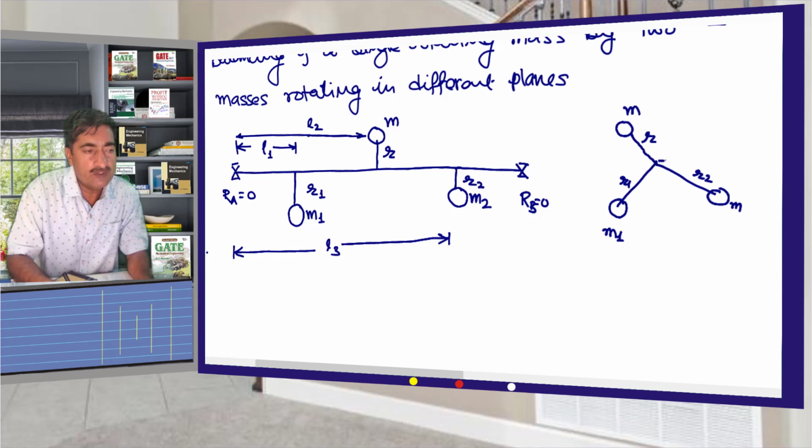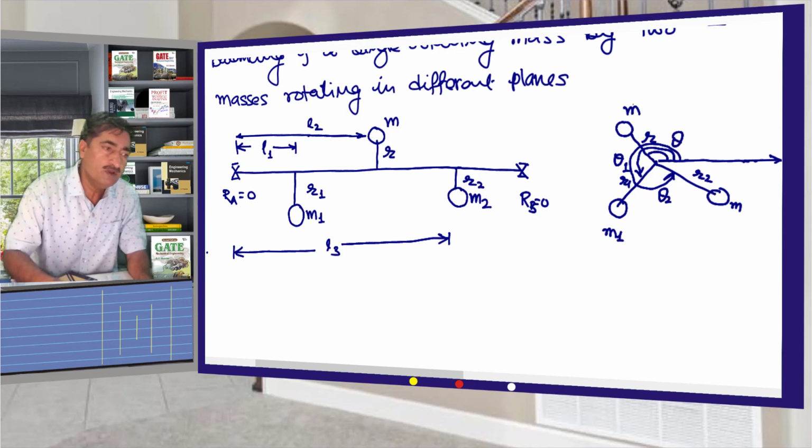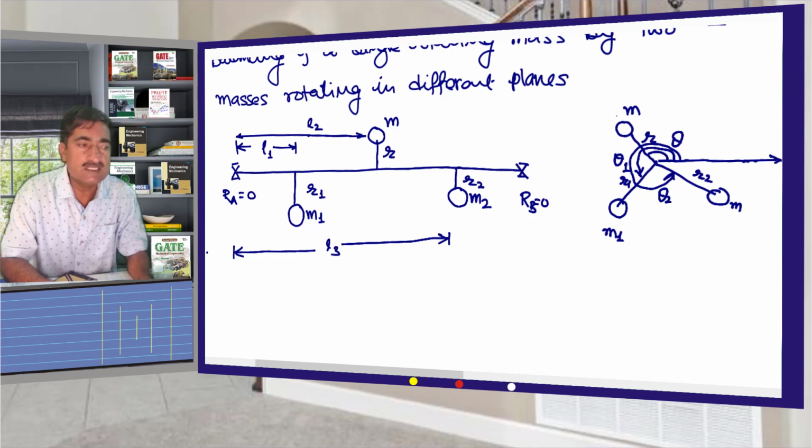Now, angular position, suppose with reference to this, suppose this is theta1, and this is theta 2.